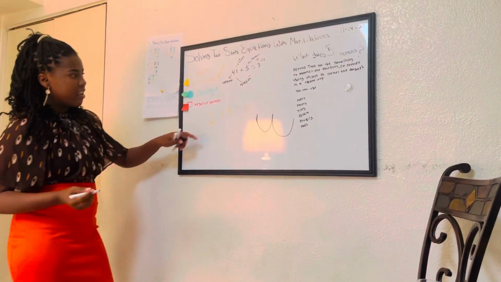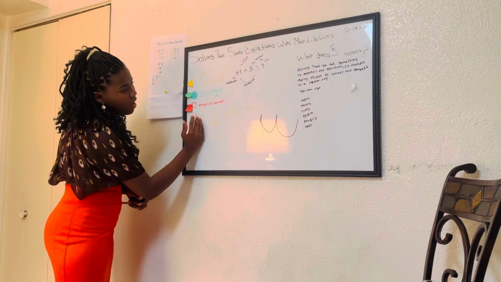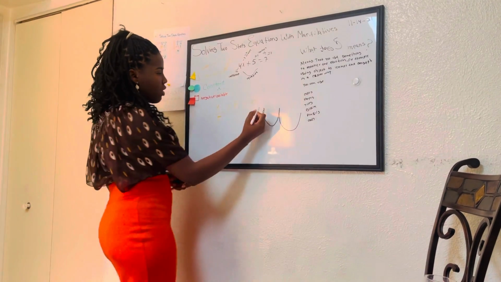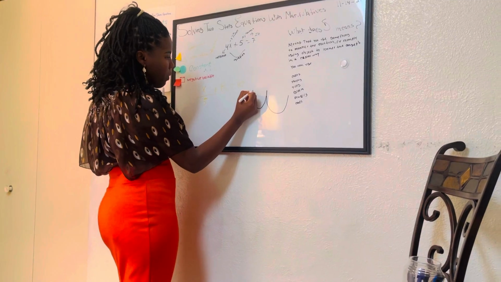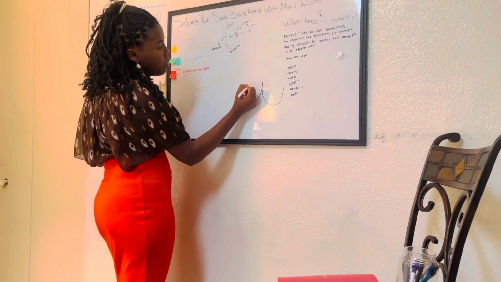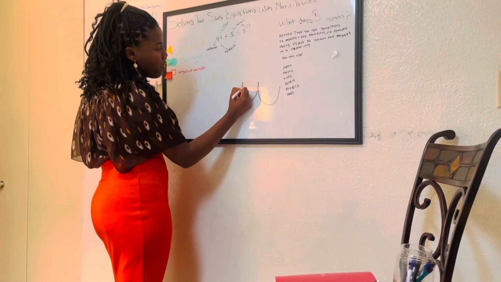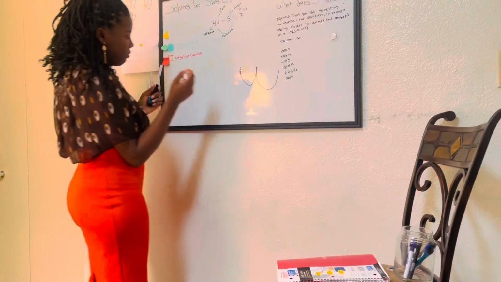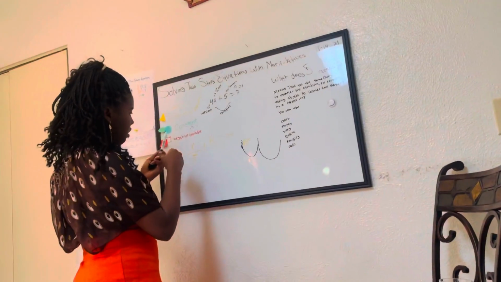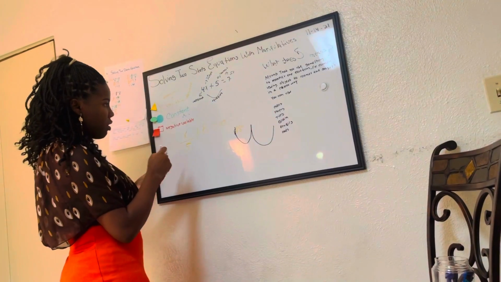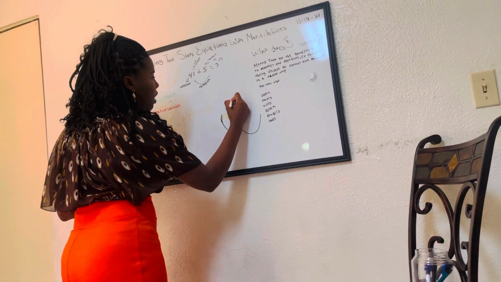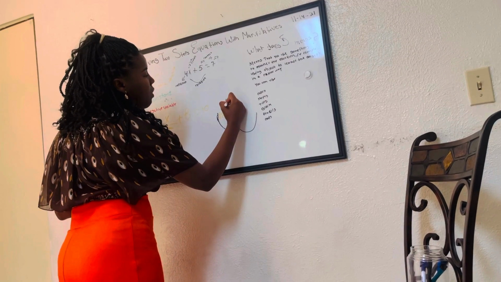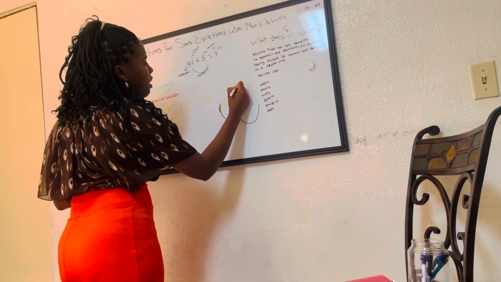So we got the 5 in the variable, okay? So we're just gonna put, let's use the color we have in here, 5. So 1, 2, 3, 4, 5. Then we have plus 8. So we're gonna use this one. 1, 2, 3, 4, 5, 6, 7, 8.